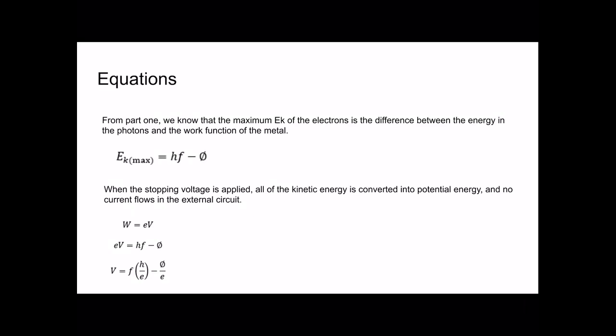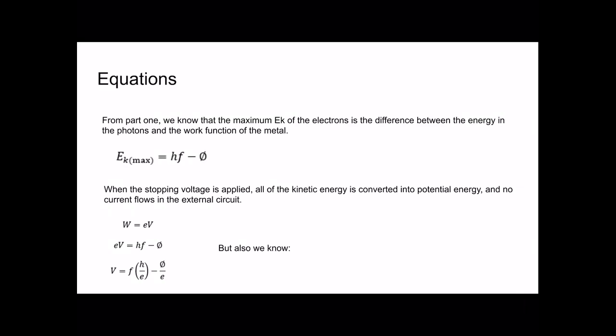And therefore, we can say that eV equals the maximum kinetic energy of the electron. And therefore, we're going to have our stopping voltage equal to the frequency of the light that's incident on the metal times the ratio of Planck's constant and the charge on the electron, minus the work function divided by the charge of the electron.